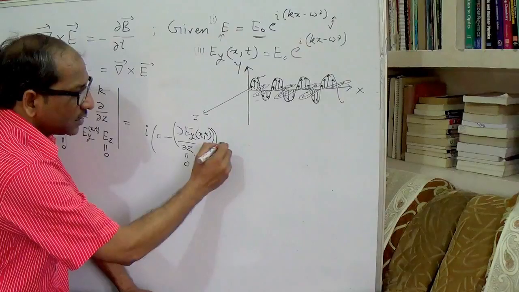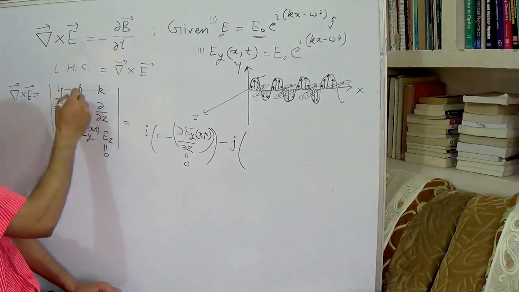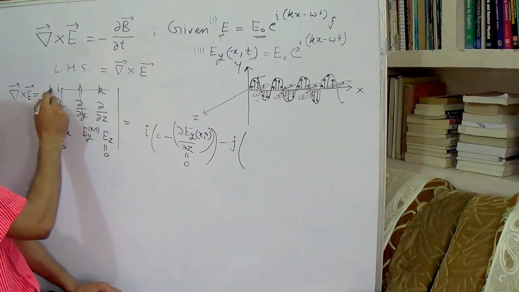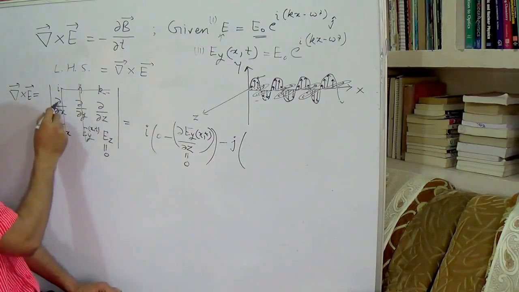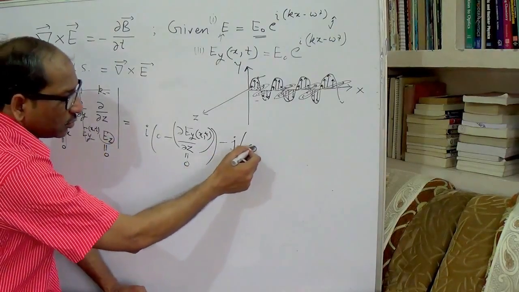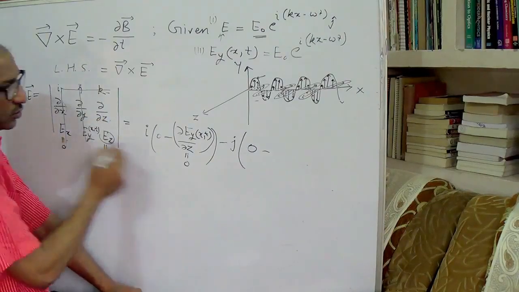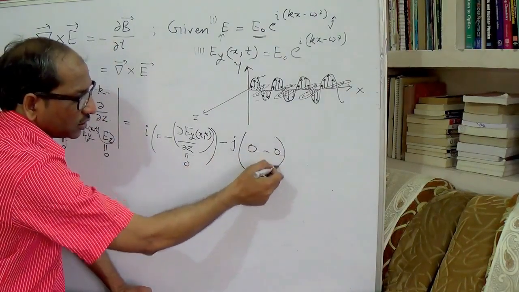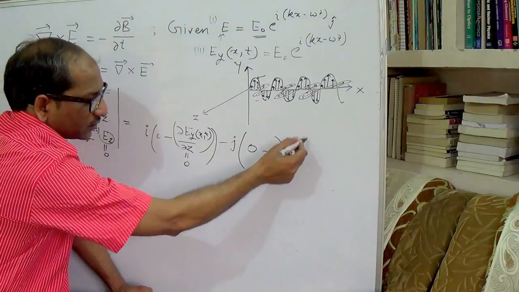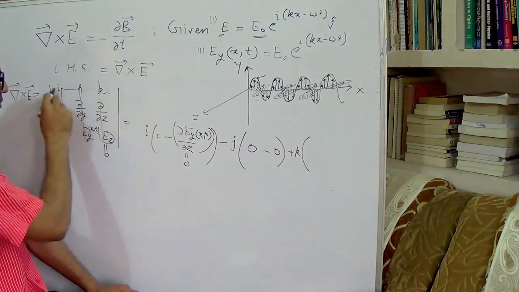Now for minus j. In case of j, I am leaving this column and this row. So I have del upon del x of Ez, that is 0, minus del upon del z of Ex, which is also 0. So this is 0. And again for k, I am leaving this column and this row.